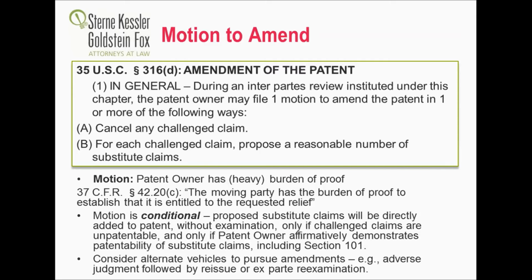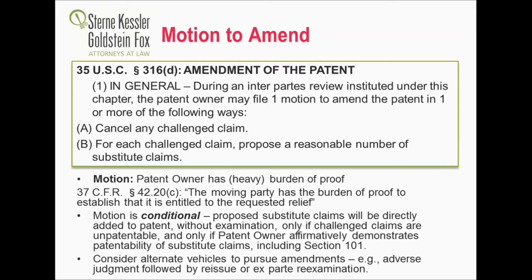The proposed substitute claims will be directly added to the patent without examination only if the challenged claims are unpatentable, or alternatively if the patent owner can concede that those claims are unpatentable, and then only if the patent owner affirmatively demonstrates patentability of substitute claims, and that can include, if it's a question, showing that the claims are directed to patentable subject matter under Section 101.